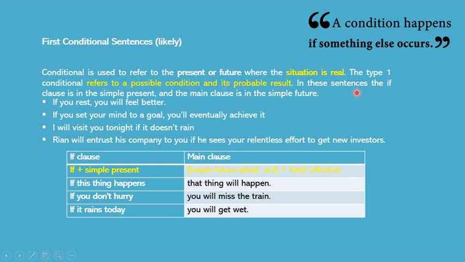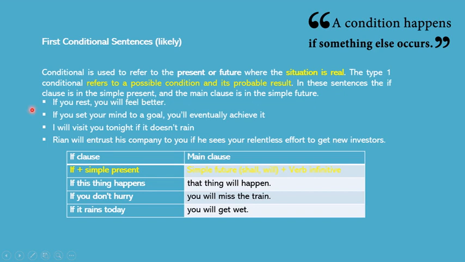The type 1 conditional refers to a possible condition and its possible result. In these sentences, the if clause is in the simple present and the main clause is in the simple future. You can see the formula here.